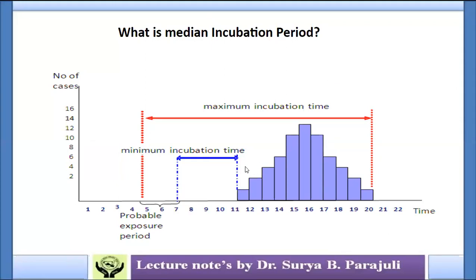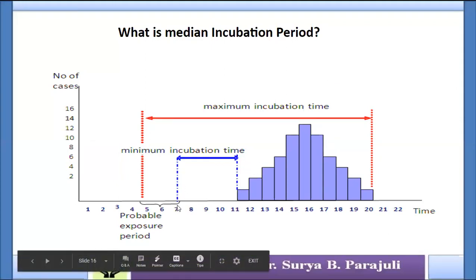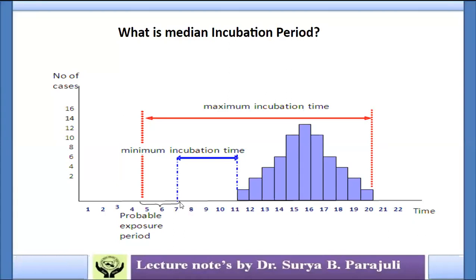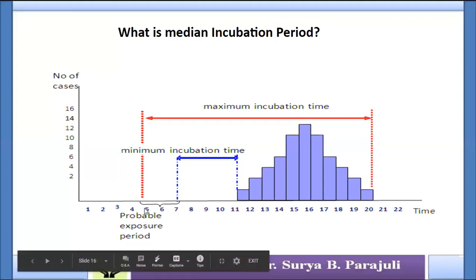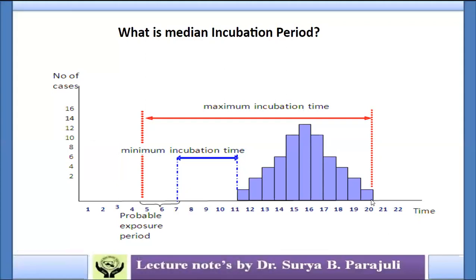So how to identify this from the graph? This, from the end of the probable exposure period to the first onset of poisoning symptoms, is called the minimum incubation period. The first point of probable exposure to the last point of signs and symptoms or any presenting illness is called the maximum incubation period.